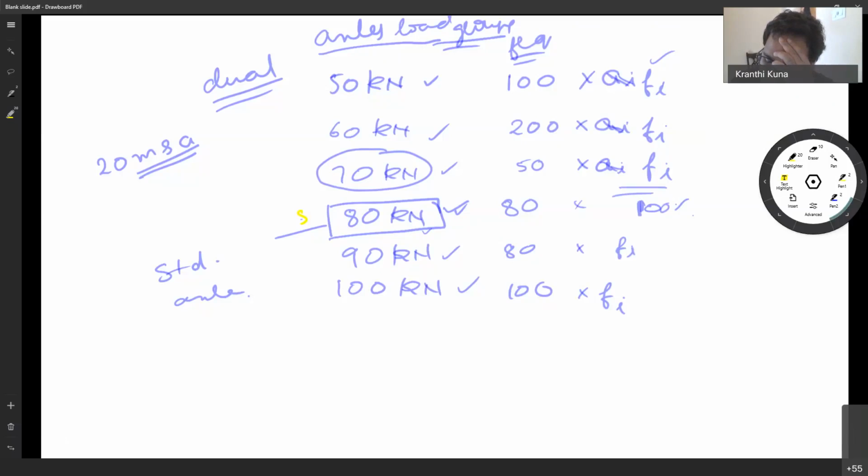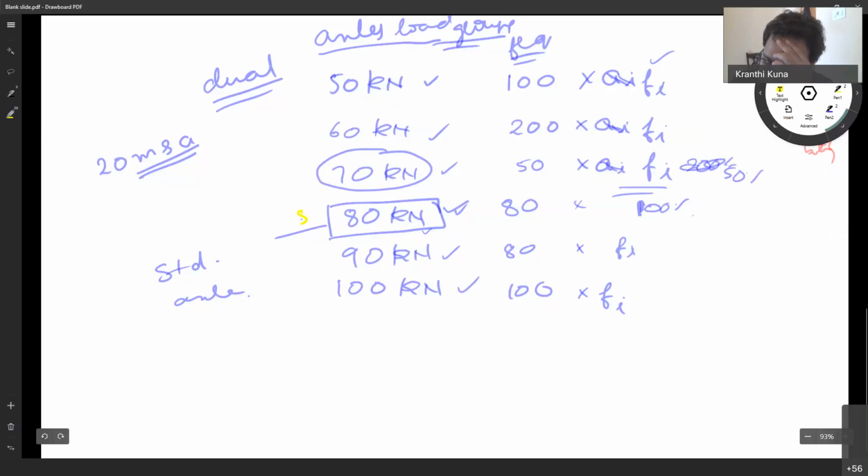Maybe it is causing 50 or 60 percent of the damage that is caused by 80 kilonewton. So if 100% is caused by 80 kilonewton, only 60% is caused by 70, whereas 100 will cause 200 percent of damage. I'm just giving you an example. So we are converting using damage factors, equivalent axle load factors.